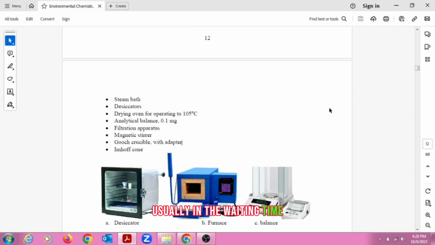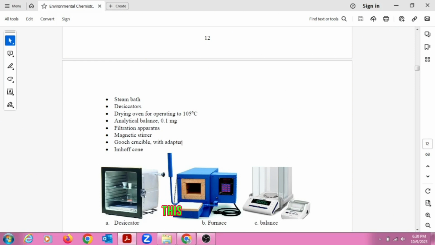Usually the waiting time is 30 to 45 minutes. After settling, it will give you the settleable solids. Usually the unit used to show total, suspended or dissolved solids is milligrams per liter. But in the case of settleable solids, the unit is milliliters per liter. So these are the different devices.